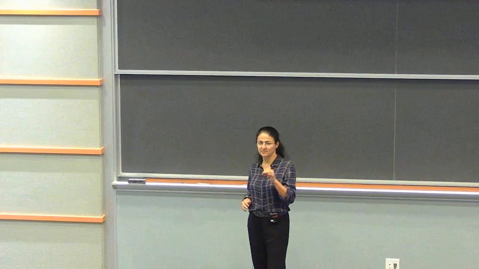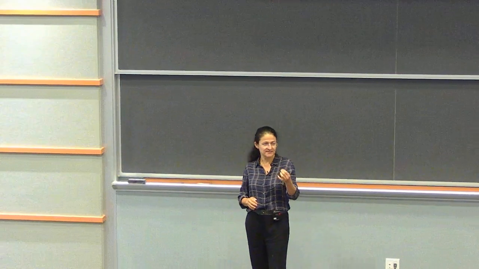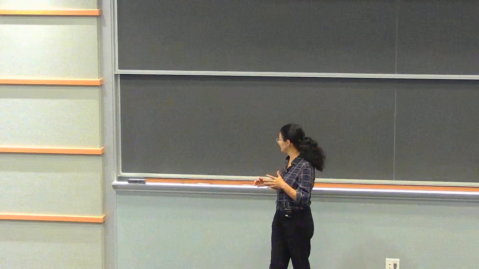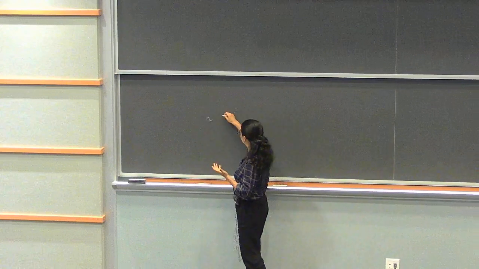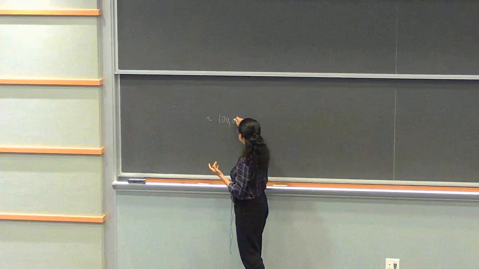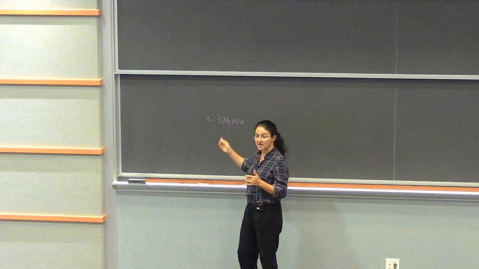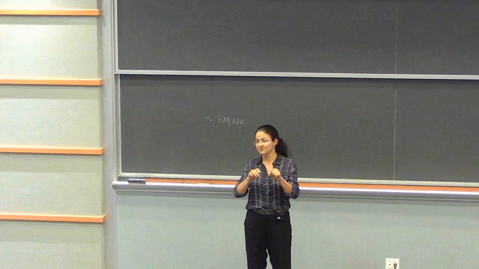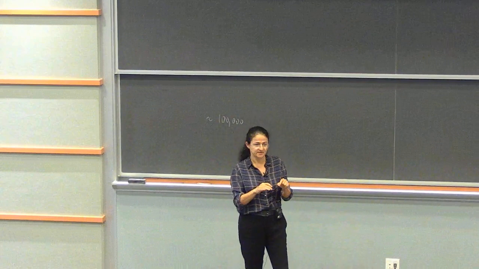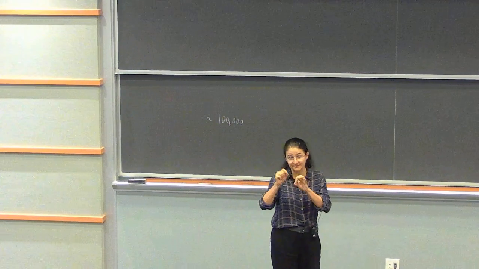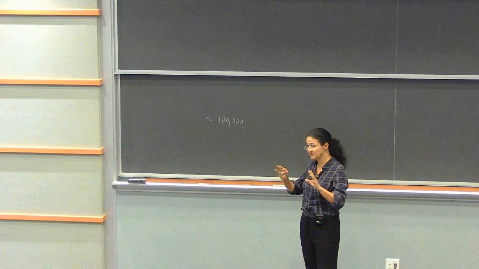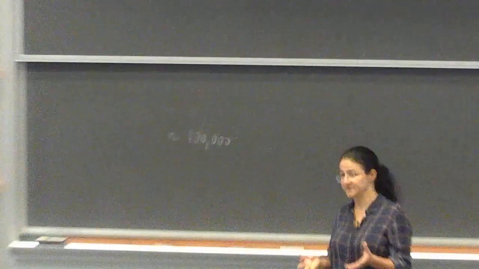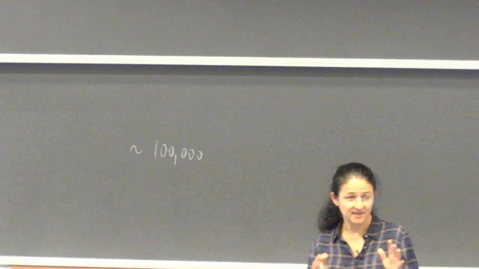Immediately as you talk about a living organism, a living cell, you're talking about of the order of magnitude of 10 to 100,000 different molecular components, right? So it's not the number of molecules, it's different degrees of freedom, different molecular components in the cell. So there is no simple life.